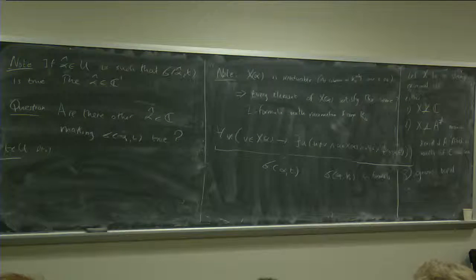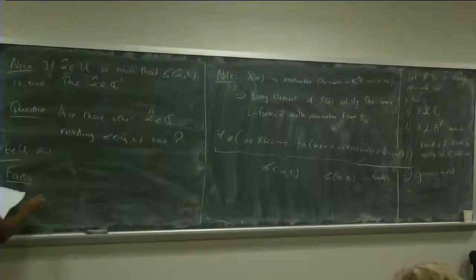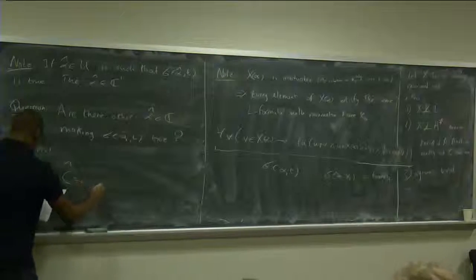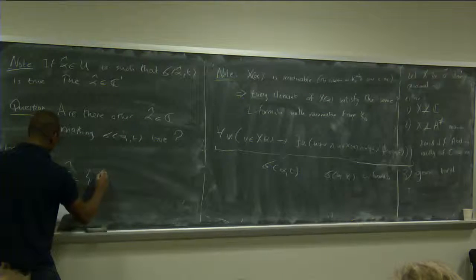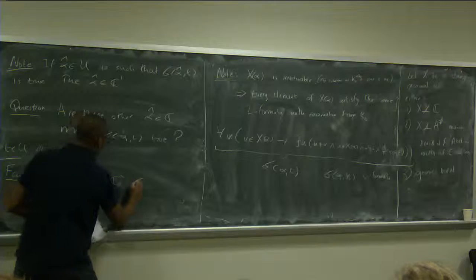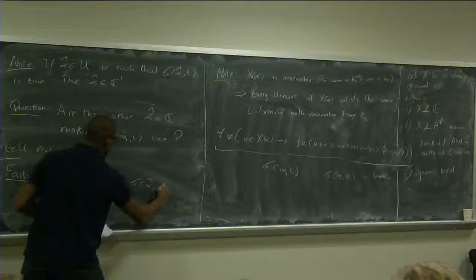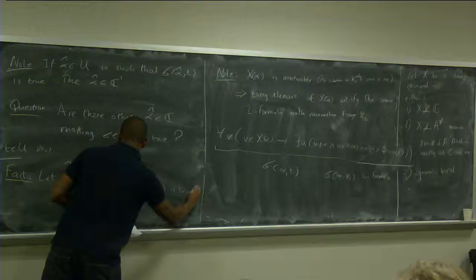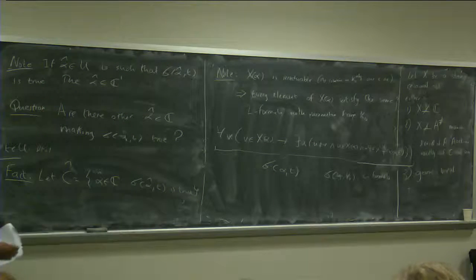All right, so the fact is that, let's denote as a set the alpha in C such that sigma alpha hat T is true. Then we know it's not empty because alpha is one of them.